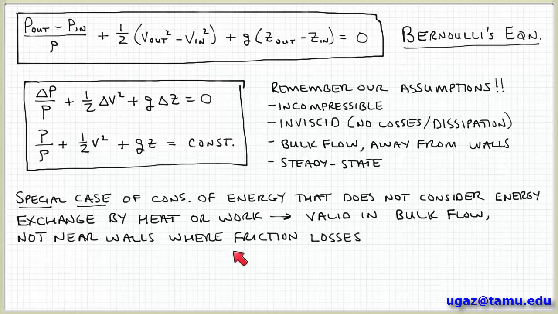And remember, velocity gradients are associated with stresses or frictional losses in the flow. So we would expect these kinds of losses to be concentrated in areas where we have these gradients, and near boundaries is one area where we would expect to encounter them. As a result, we would expect that Bernoulli's equation would not be a valid description of the conservation of energy at those locations.